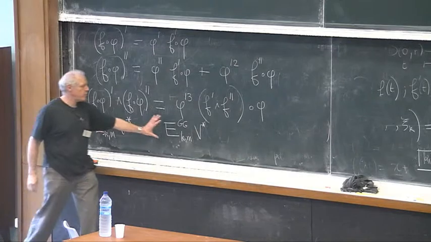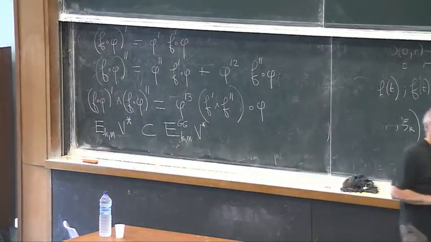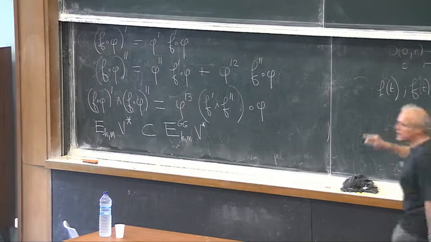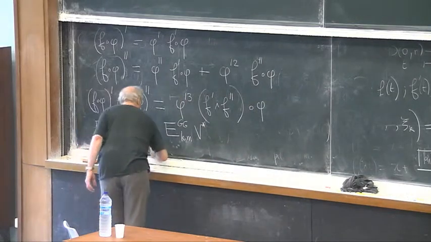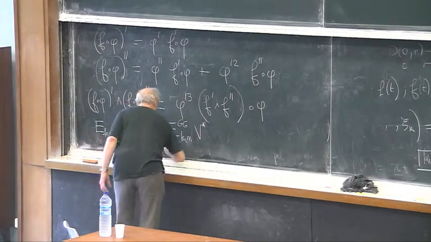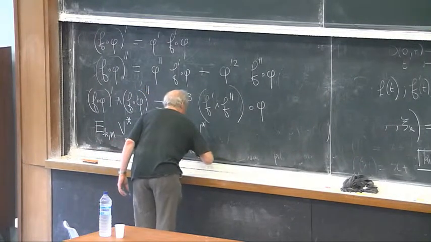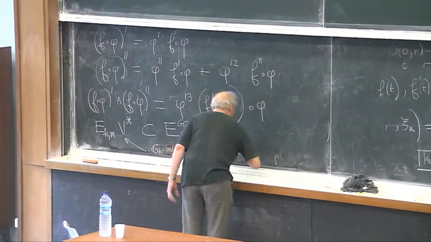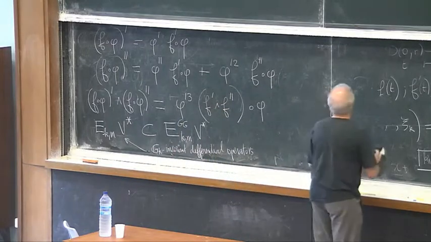So you have a bigger one, which is just the C star invariant ones. And then you consider in that the ones that are G_k invariant. So the G_k invariant differential operators. Now I conclude by the fundamental vanishing theorem.